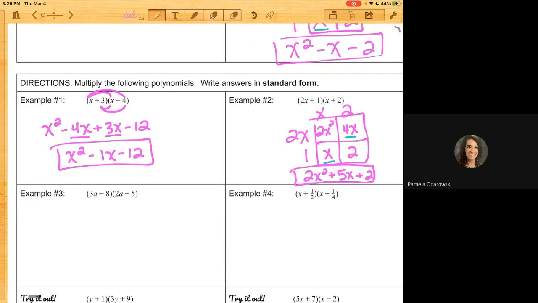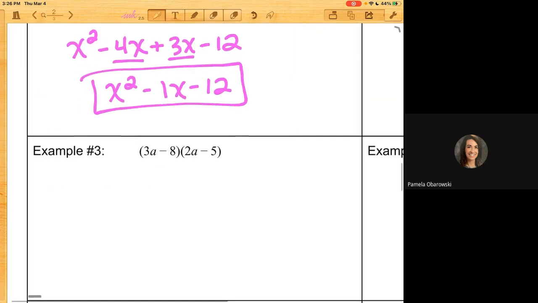Let's go down to this next one, and I'm going to pick up the pace a little bit, and I'm going to use FOIL on it. So first, outside, inside, last. 3a times 2a is 6a squared. 3a times negative 5 is negative 15a.